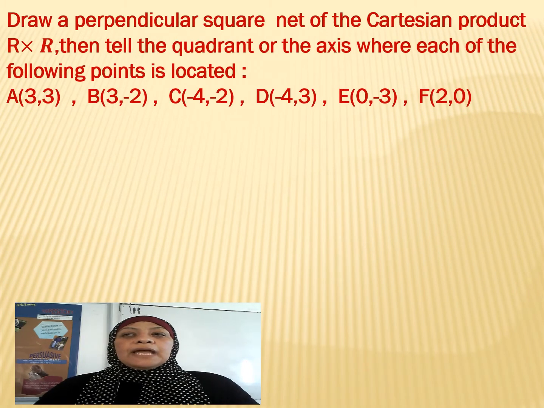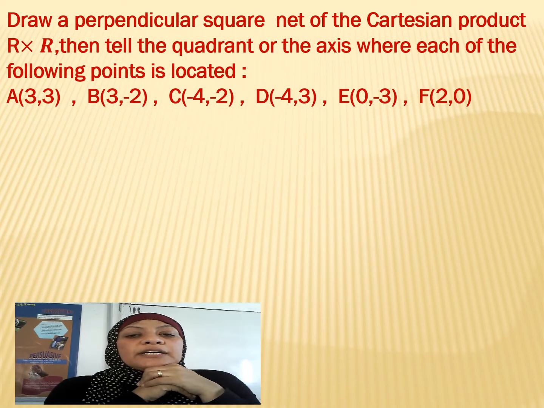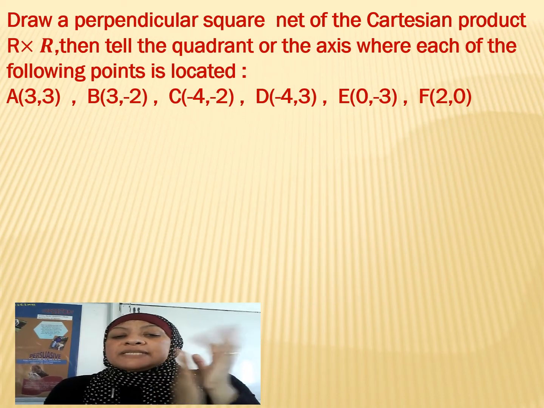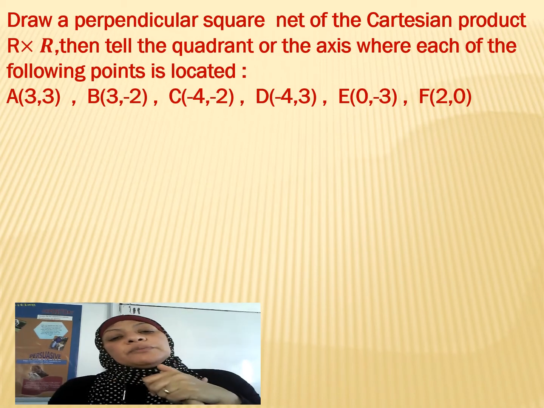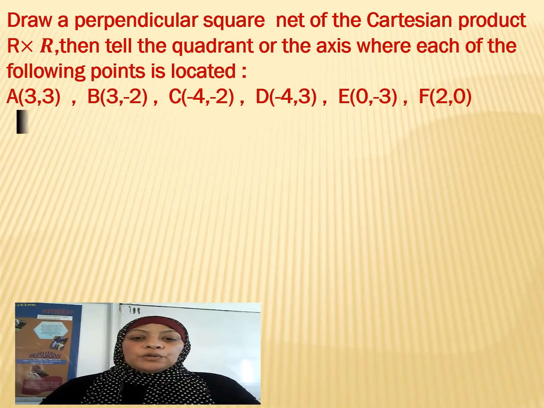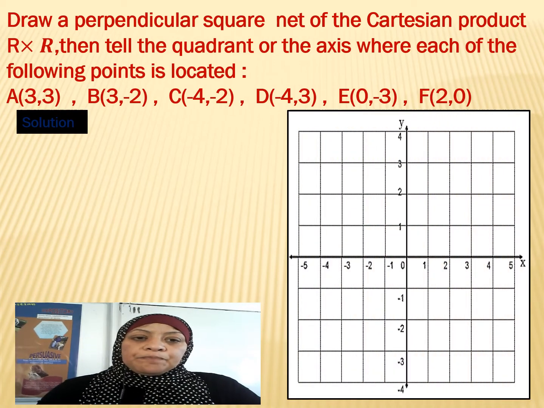Now we have this question. Draw a perpendicular square net of the Cartesian product R times R, then tell the quadrant or the axis where each of the following points is located. I'm going to represent my points on the graph, and after that I will determine the position of each point. Firstly, it's my graph paper.